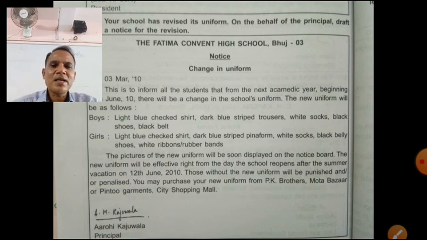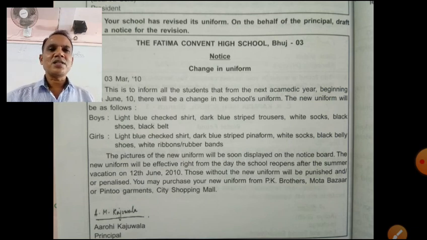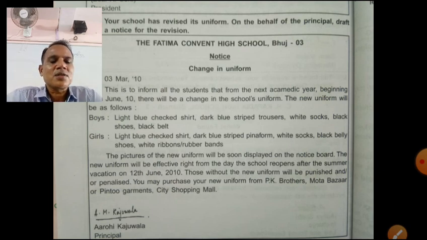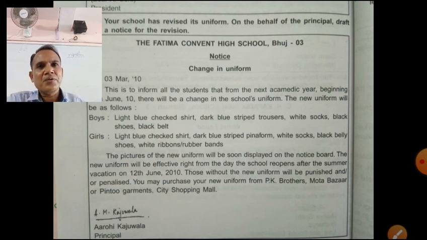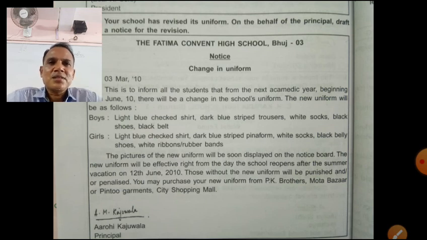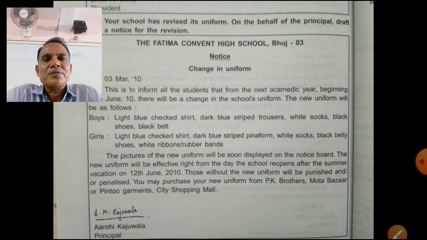So to write a notice is very easy, guys. And once you maintain the proper format of the notice, definitely you get maximum marks, 3.5 marks. Sometimes you can also get full marks. Really guys, I am seriously disappointed to teach you this notice, maybe email writing, maybe report writing, maybe letter writing, through the video.